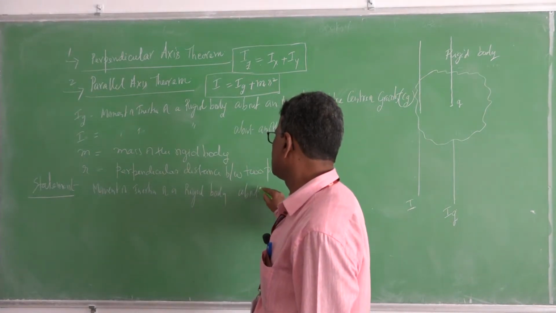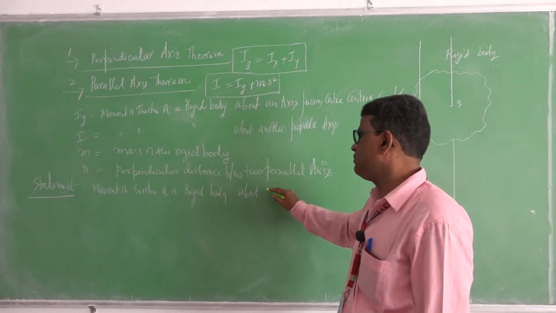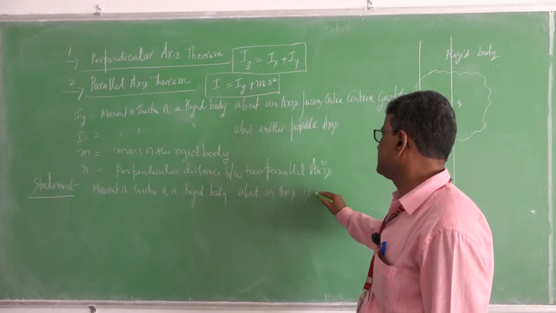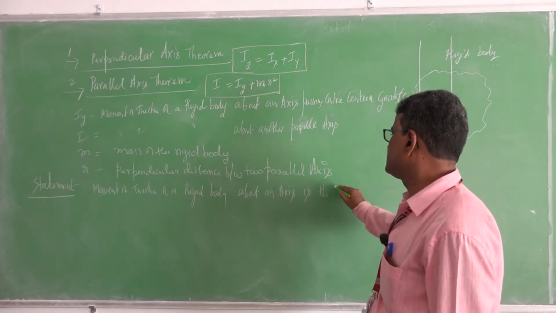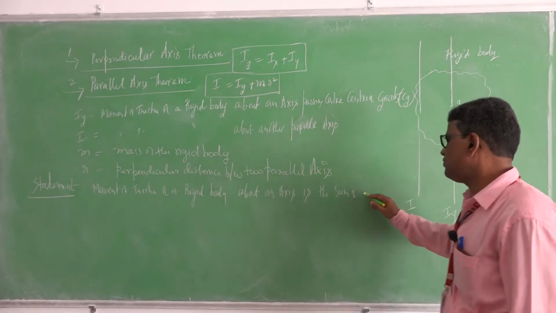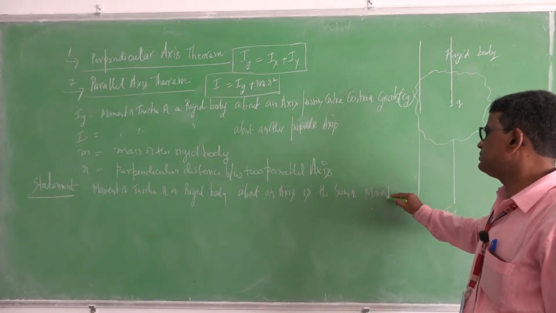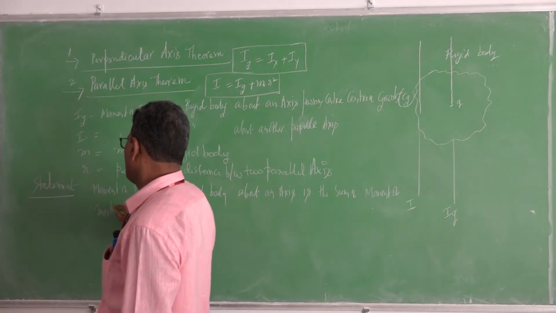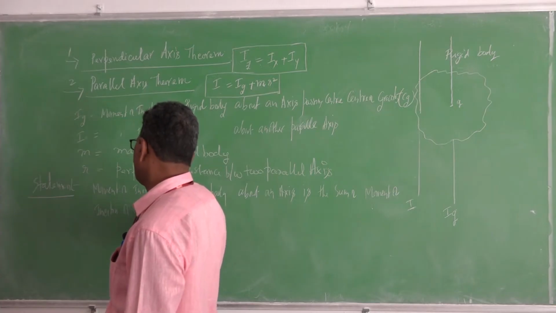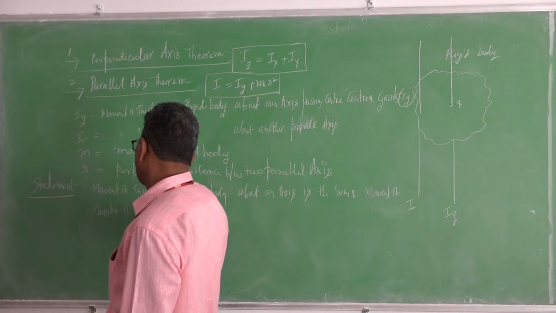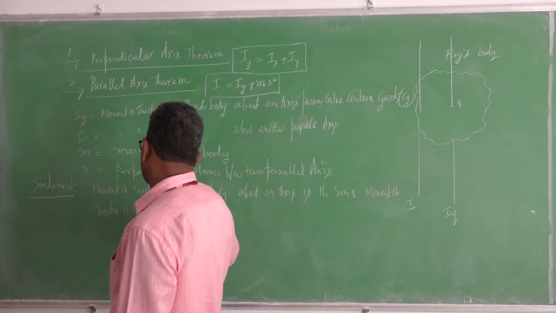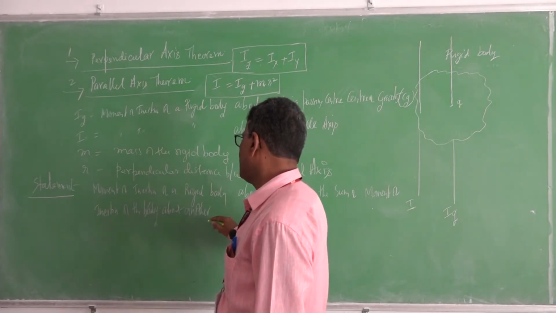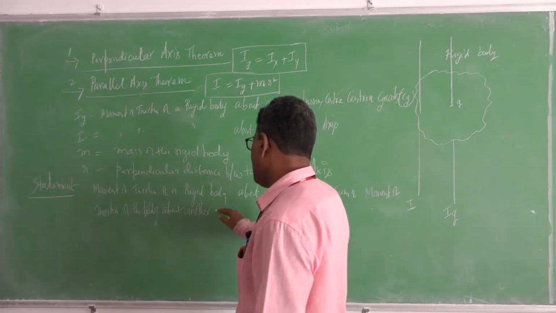The moment of inertia of a rigid body about an axis is the sum of the moment of inertia of the body about another parallel axis.